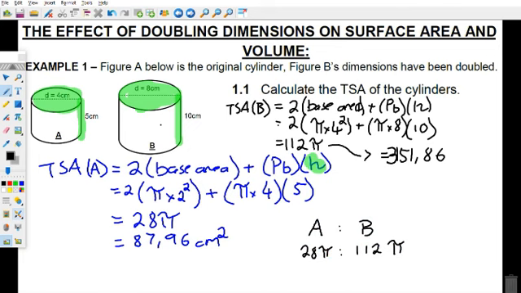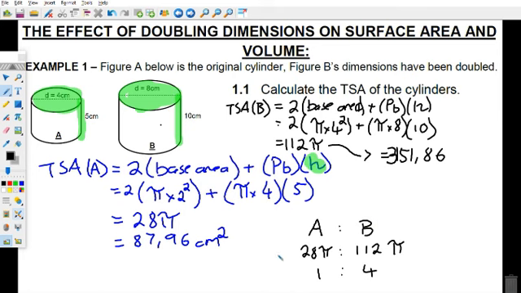Because you're using pi, you can't say pi 4, you have to say pi times 4. So check that in your calculator. If we simplify this, 112 divided by 28 is 4. So we've doubled the dimensions and therefore the area has increased by 4.